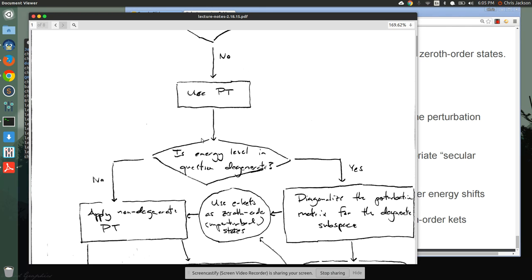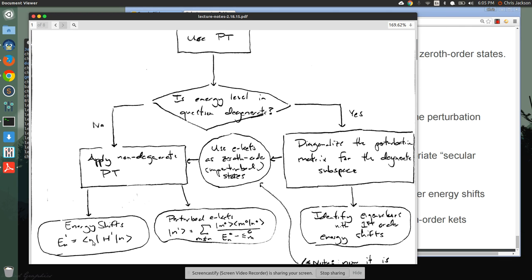If there's not, then you're golden, and you can apply non-degenerate perturbation theory that we learned about last week, and you can compute, say, the first order energy shifts, which are just the diagonal matrix elements of the perturbation matrix in the unperturbed eigenbasis, right? And then the perturbed eigenkets, first order, are given by this formula. And so you're good to go, right?